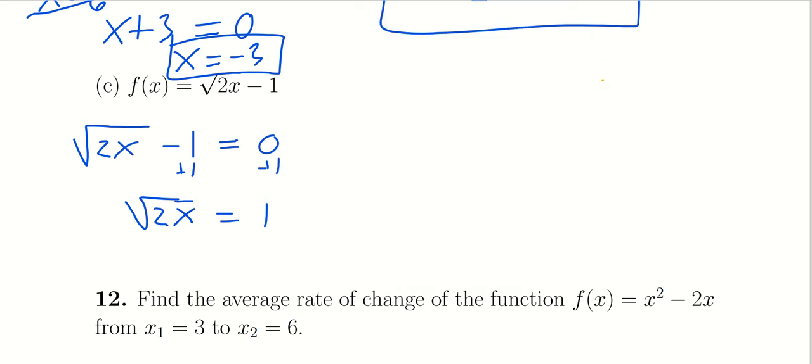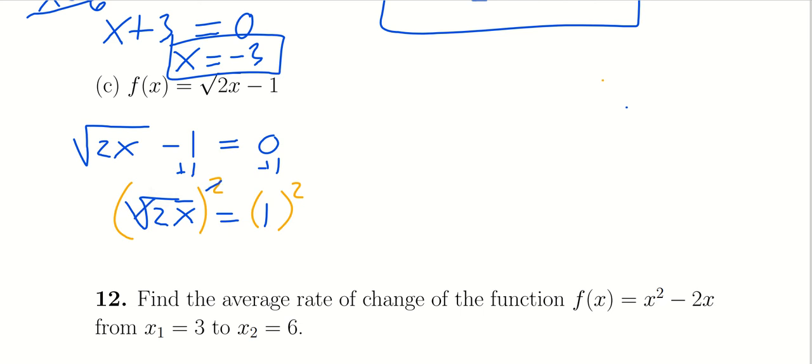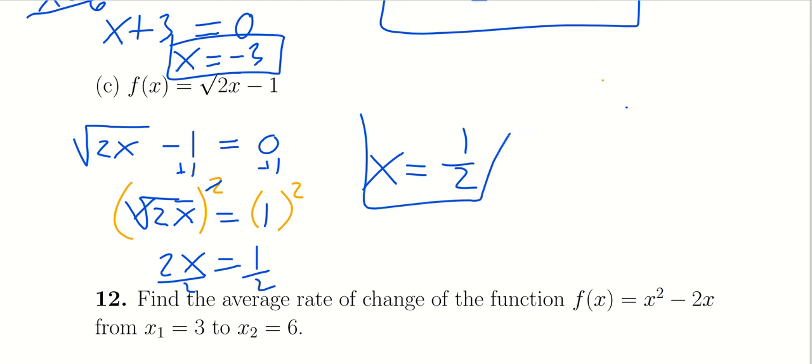The next step is we need to remove the radical, so we're going to square both sides. The inverse of square rooting is squaring. Those cancel out. We are left with 2x equals 1. And then divide both sides by 2, and we get x equals 1/2. So x equals 1/2.